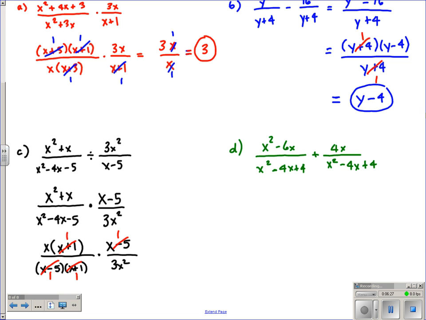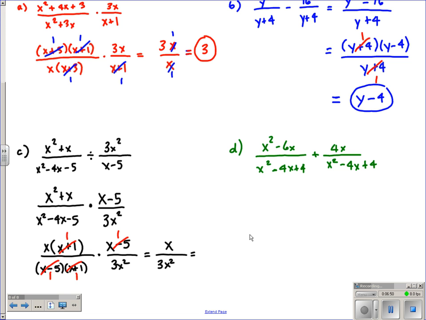If I multiply here, just like the one above, we're not completely finished yet, but I want to look at what we have left. x times 1 gives us x. 1 times 3x squared gives us 3x squared. Now we've got a common factor of x in each of them.